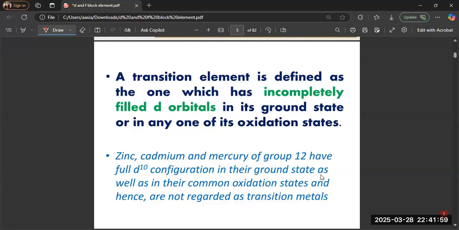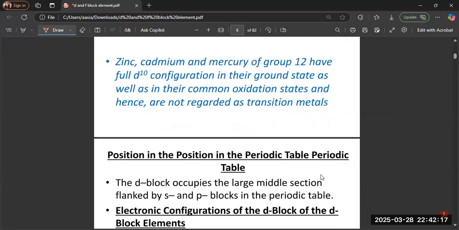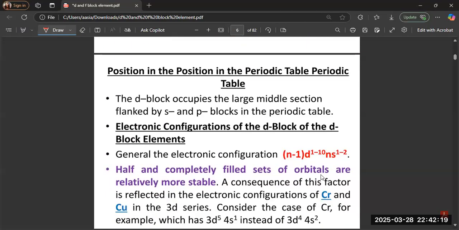Zinc, cadmium, and mercury have fully filled d10 configuration in their ground state, as well as in their common oxidation states, and hence they are not regarded as transition metals. Remember that. The exceptions you have to remember.